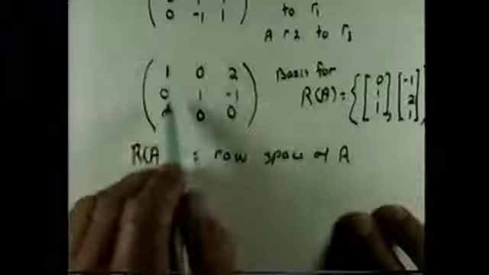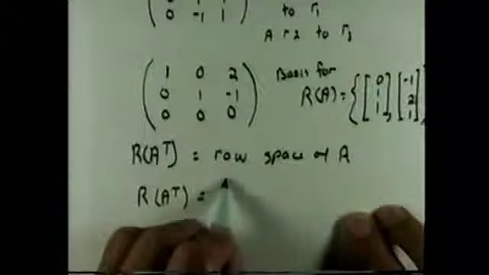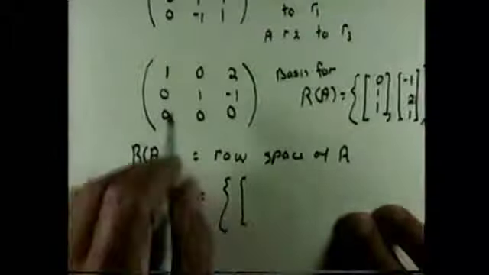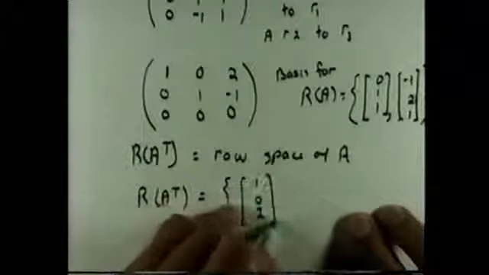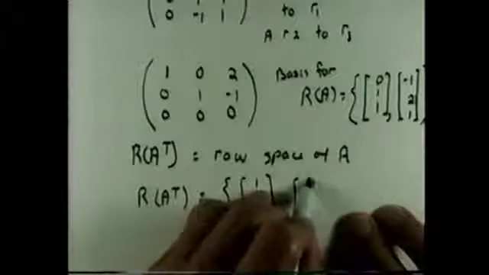You just take your non-zero rows, but I'm going to put them in column form. So it would be 1, 0, 2 and 0, 1, negative 1.